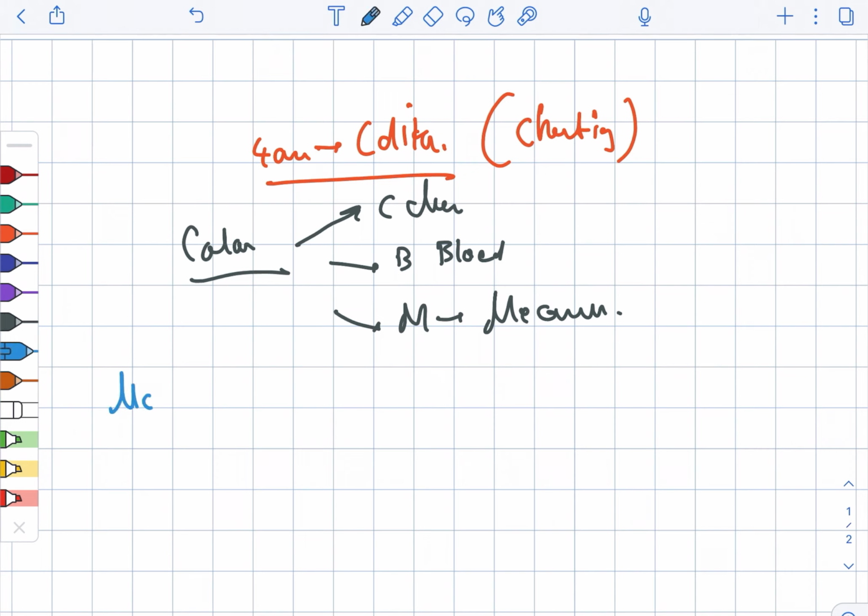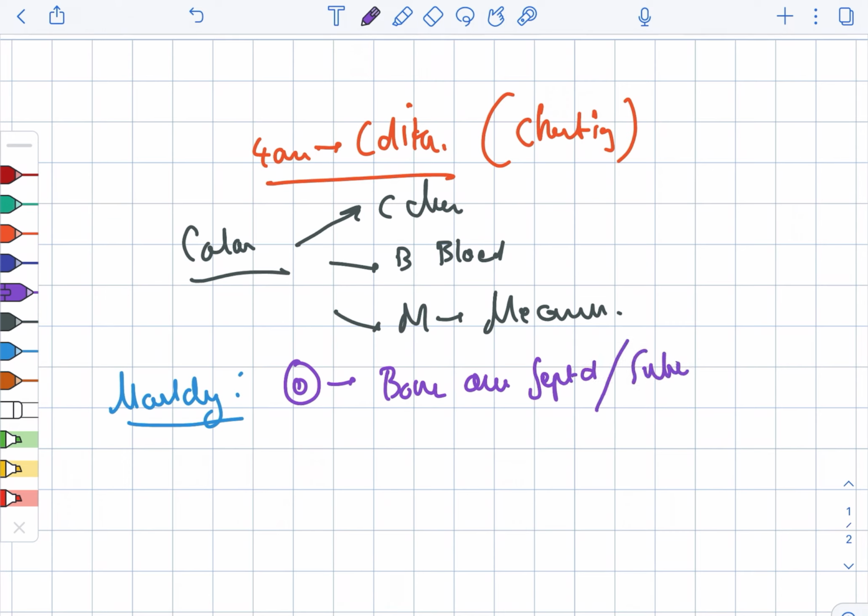Now in case of molding there are various stages. Stage 0 is when the bones are separated and the sutures are easily felt. Now looking at 1+, here the bones are touching.